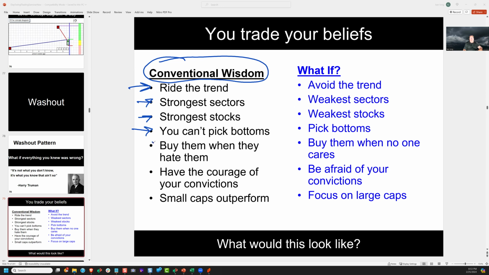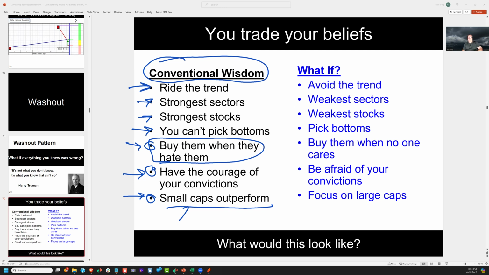And you should buy them when there's blood in the street, when everybody else hates them. And you should have the courage of your convictions and stay with it. And that you should trade small caps because small caps have an outperformance factor over the large caps because they're smaller and agile.